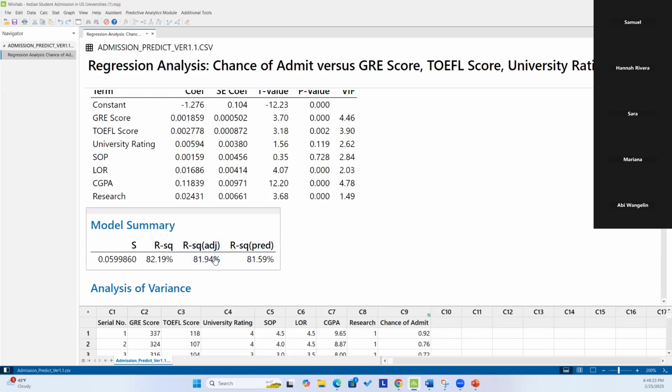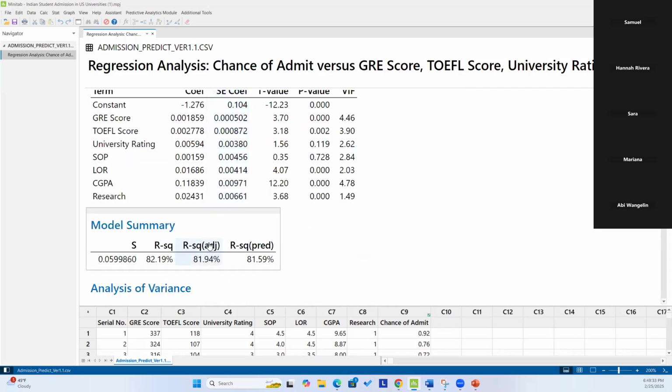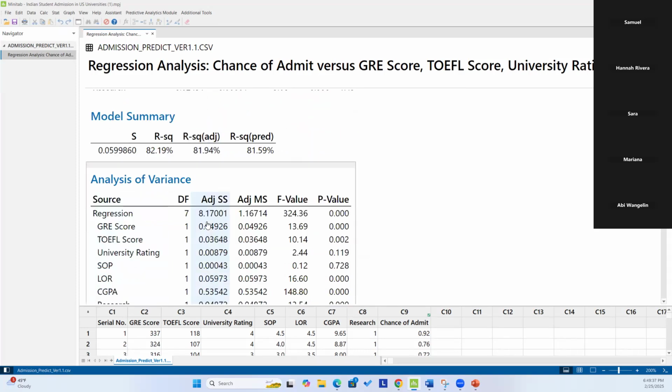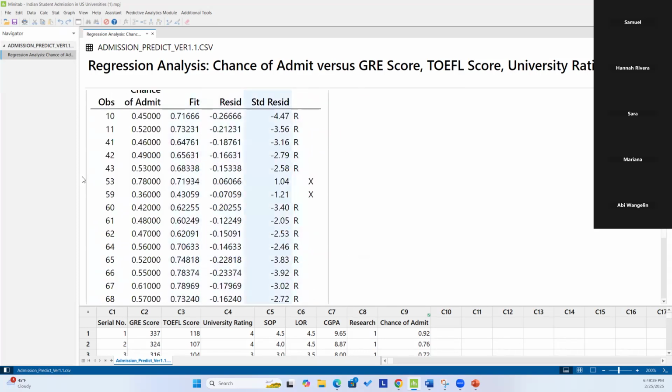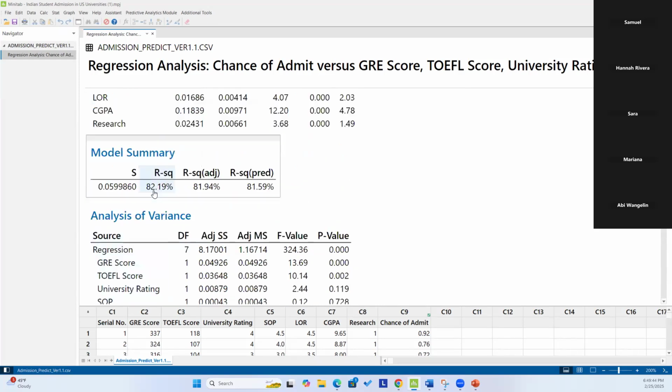Same thing. You have two useless items in this model, SOP and university rating, which it is filtering out, and this is a better result. You also have some unusual observations that it is filtering from the model. Therefore adjusted R square is a little bit lower, and you can say it is a more filtered value.